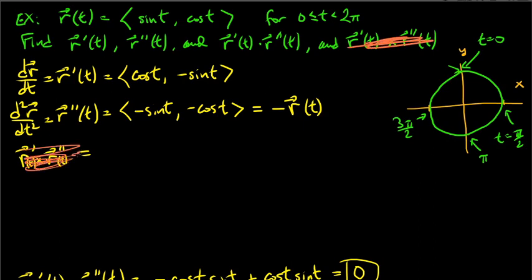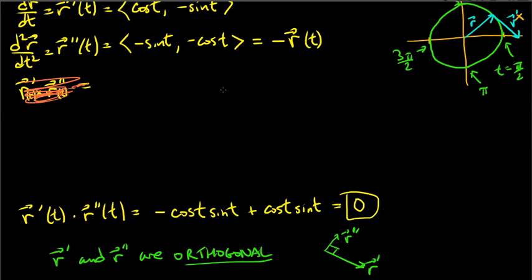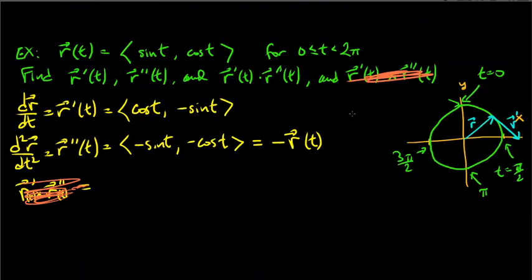It's impossible, because these are vectors in the plane. This might be r, and then this would be r prime. But these are vectors in the xy plane. There are no z components to them. So no, we cannot take the cross product. Sorry about that.